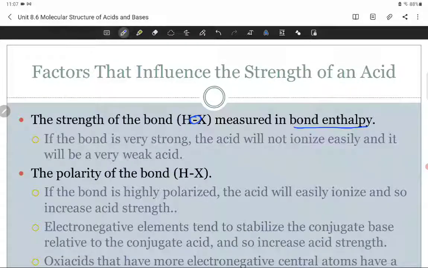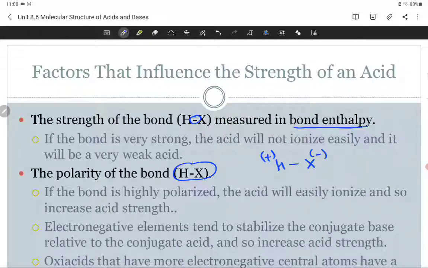And then another thing that's important is how polar that bond is. So if you would have a situation that has a very, very, very positive H side and a very, very negative X side, I guess I'll put these in parentheses to designate that they're partial charges.